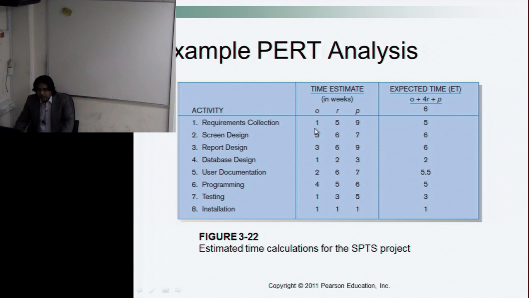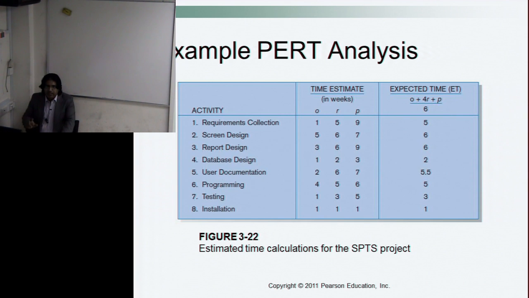Okay, so if you are optimistic, you can say that I will complete the requirements collection task in 1 week, to be optimistic. However, to be pessimistic, it can take 9 weeks. This is 1 week and this is 9 weeks, but in reality it may take around 5.